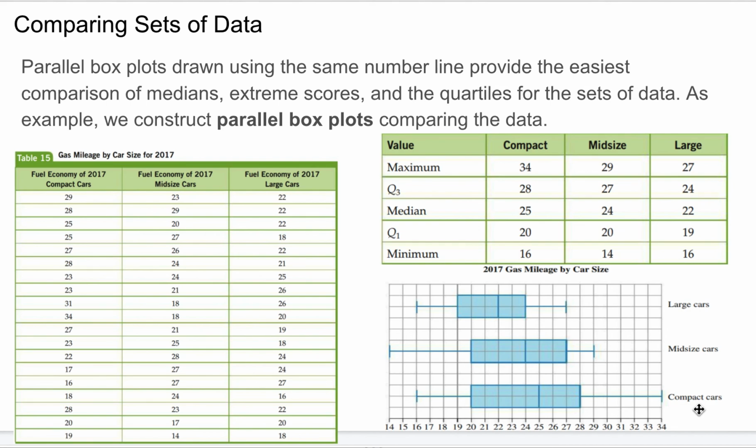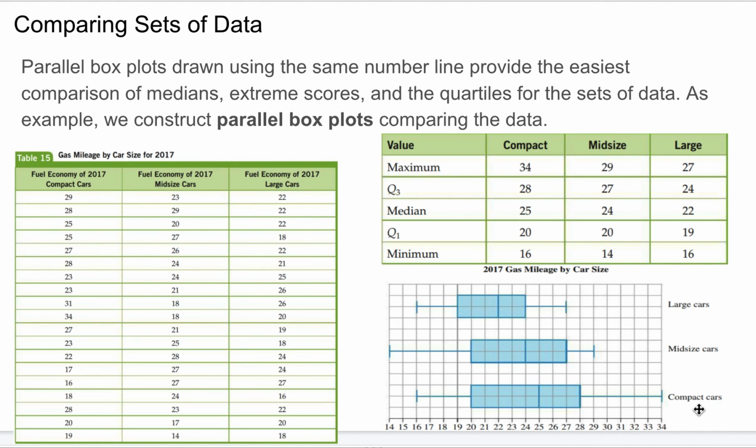Even though we cannot spot clusters or gaps in box plots as we can with stem and leaf or line plots, we can more easily compare data from different sets, don't you think? With box plots, we do not need sets of data that are approximately the same size, as we did for back-to-back stem and leaf plots.